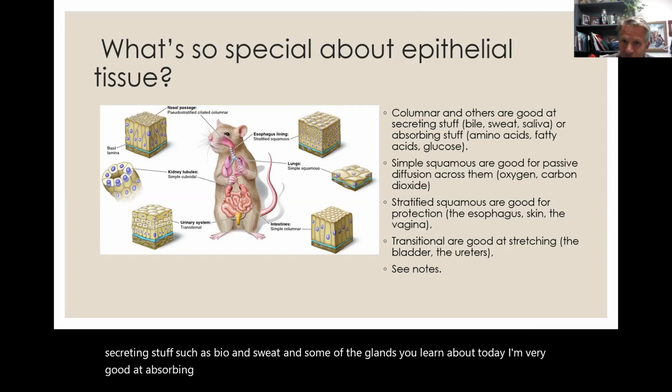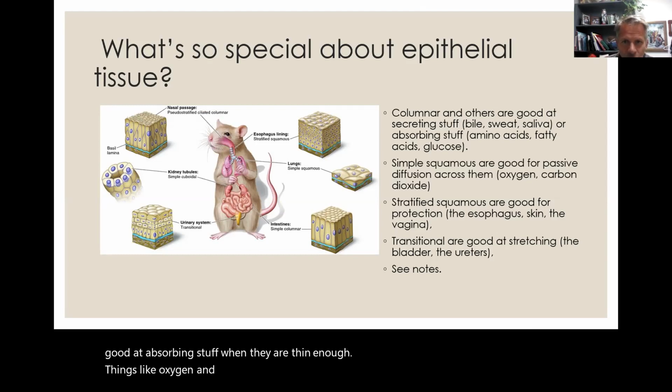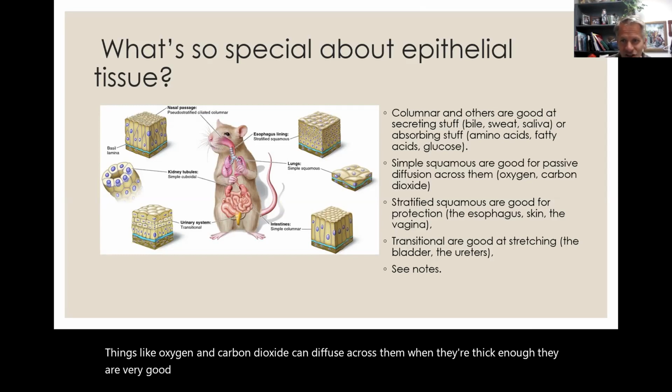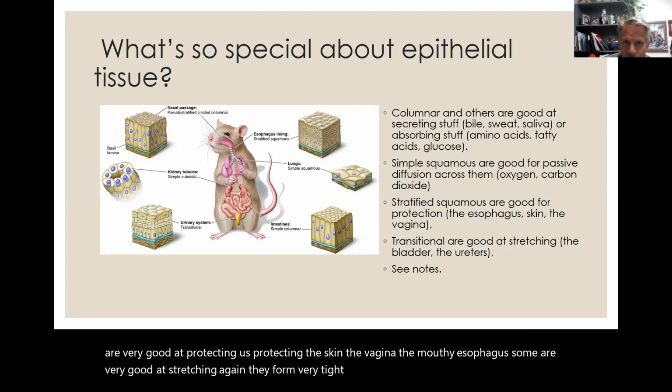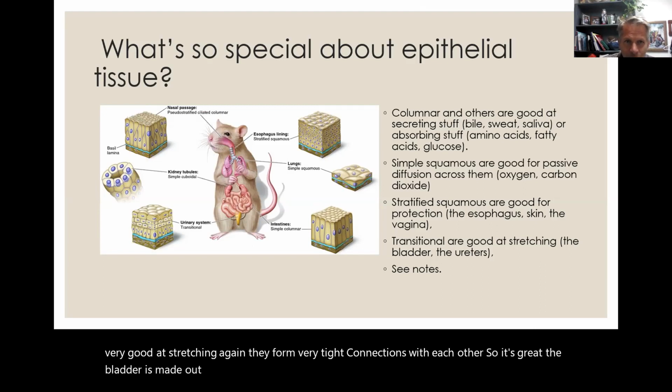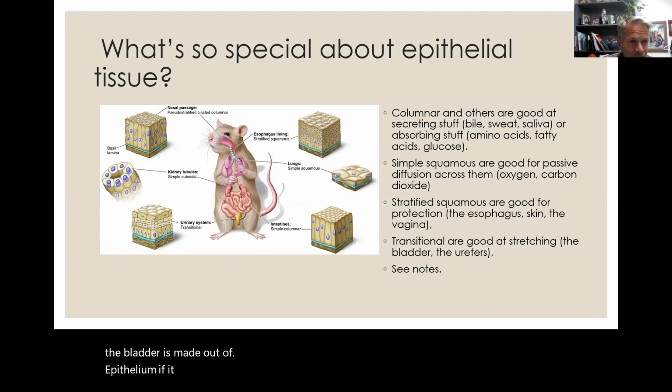When they're thin enough, things like oxygen and carbon dioxide can diffuse across them. When they're thick enough, they're very good at protecting us: the skin, the vagina, the mouth, the esophagus. Some are very good at stretching. Again, they form very tight connections with each other. So it's great that the bladder is made out of epithelium. If it was made out of connective tissue, it would never stretch very much. But epithelial tissue, some of it can stretch.